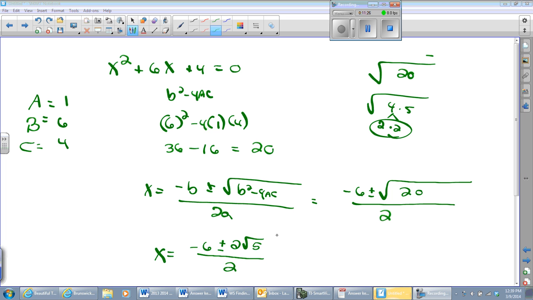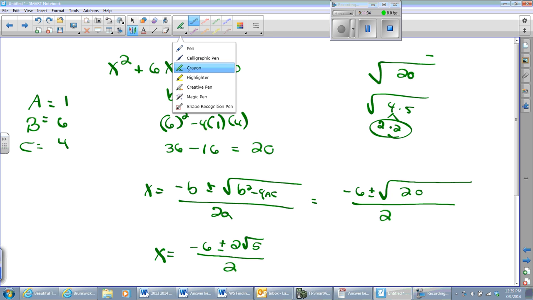Now this still isn't simplified. How do I know? Because I know that this 2 in the denominator divides into the negative 6, but it also divides into this 2 here.